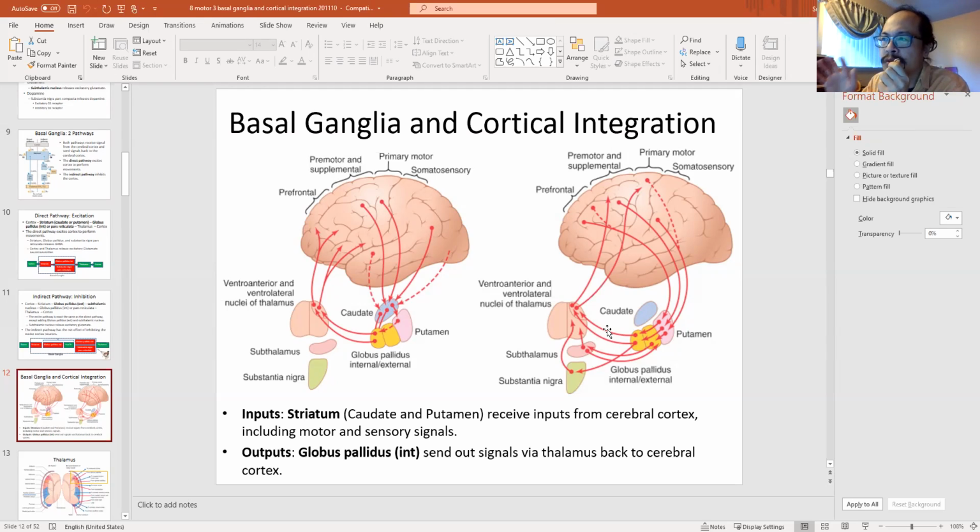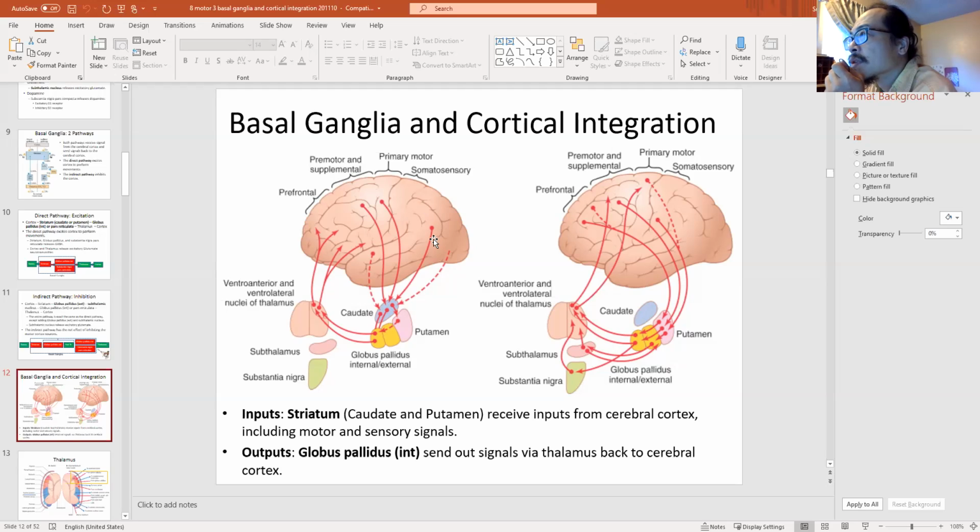What I want to show you is that you need to know that the signal sent to the basal ganglia, right here, is not just the motor signal. It includes the motor, premotor, as well as the sensory portion.